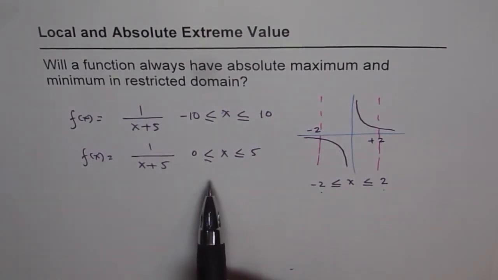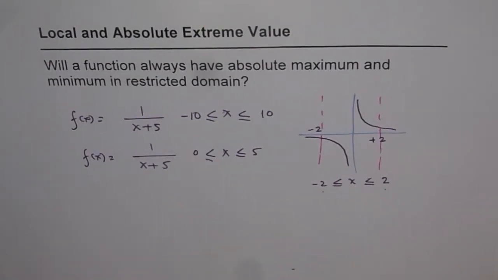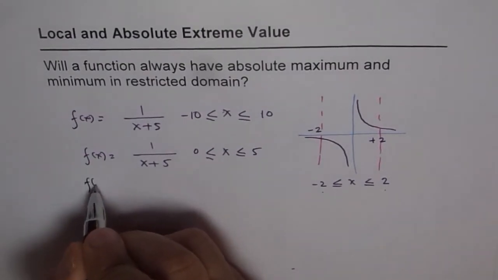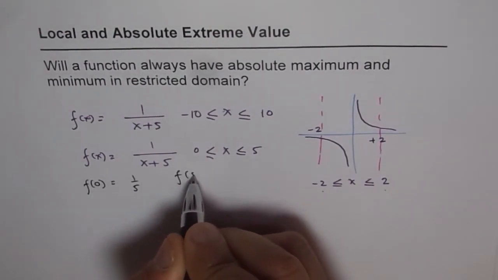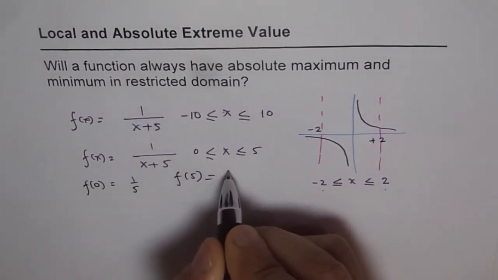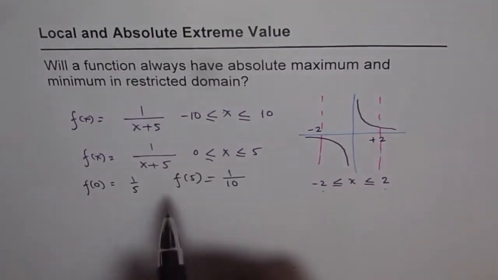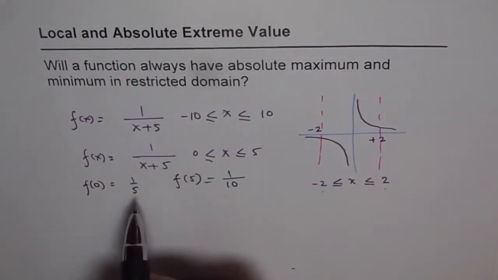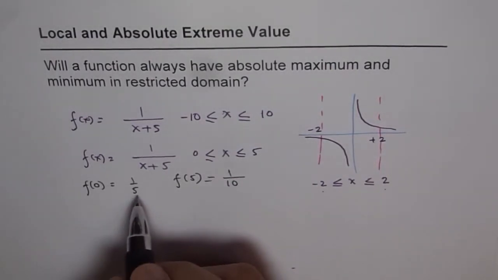If you find the value of the function, f of 0 equals 1 over 5, and f of 5 equals 1 over 5 plus 5, which is 1 over 10. So clearly this function has absolute maximum and minimum.